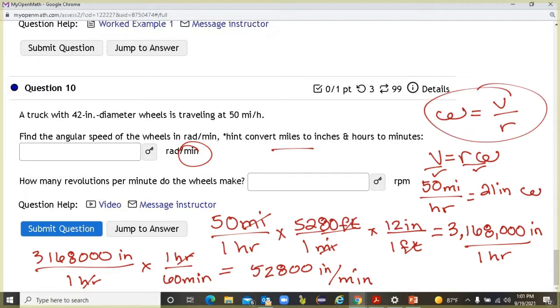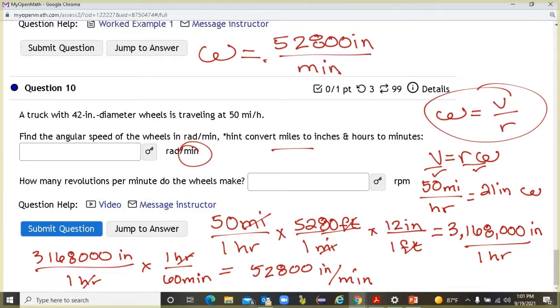So again, we're using this formula. Our angular speed is simply the velocity, which is 52,800 inches per minute.